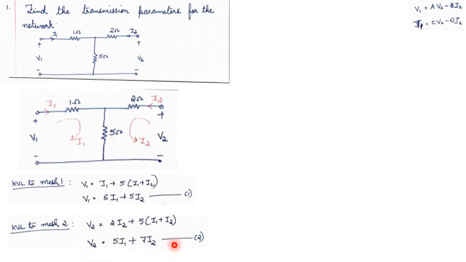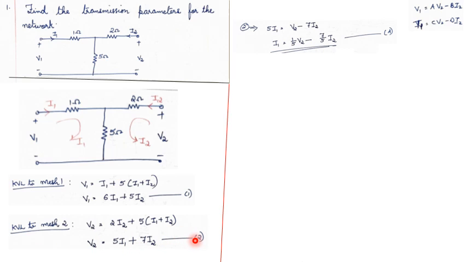For that we consider the second equation. From equation number 2, we will get the value for I1 in terms of V2 and I2. So from here we can write 5I1 is equal to V2 minus 7I2, or I1 is equal to 1 by 5 V2 minus 7 by 5 I2.